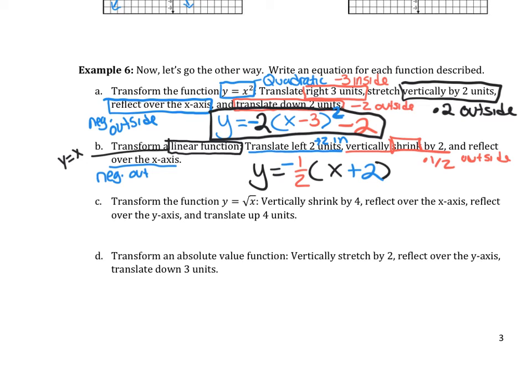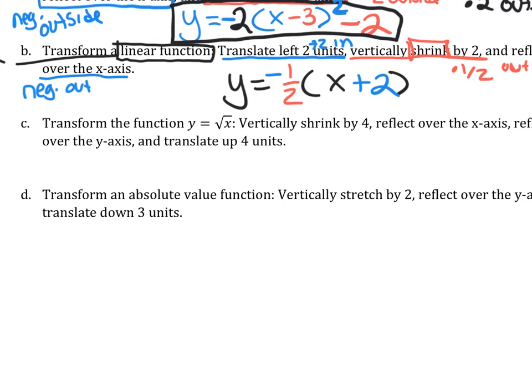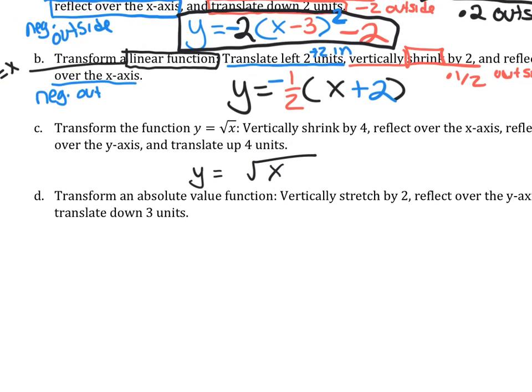Okay, so letter C. The parent function was a square root, so you had to make sure you had a y equals and then a square root of x to start with, and then you can add in all the other stuff. So a vertical shrink by 4, it's a shrink, so it has to be a number less than 1, so 1/4 being multiplied on the outside.